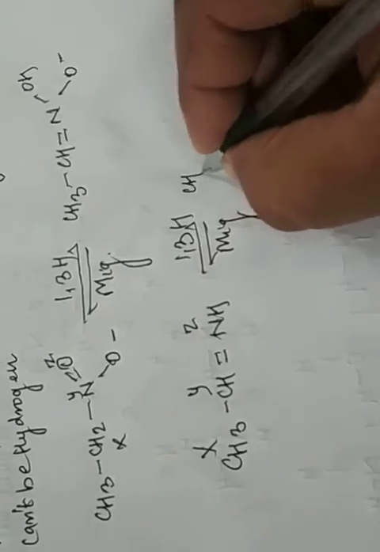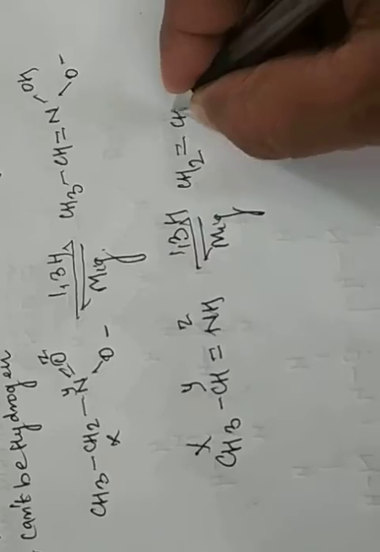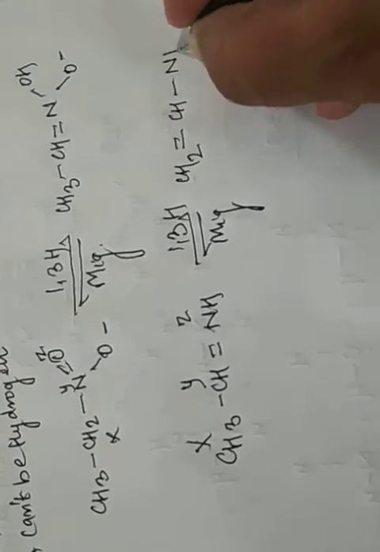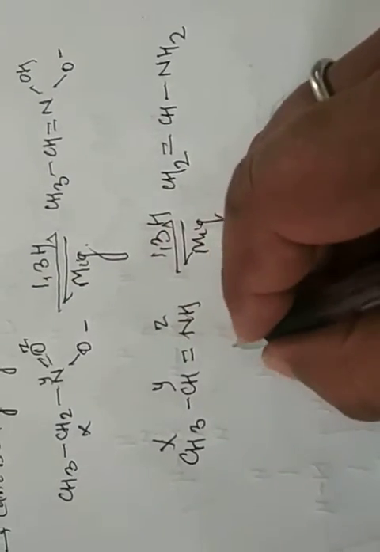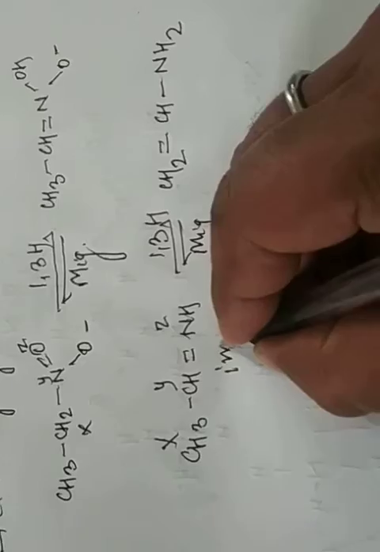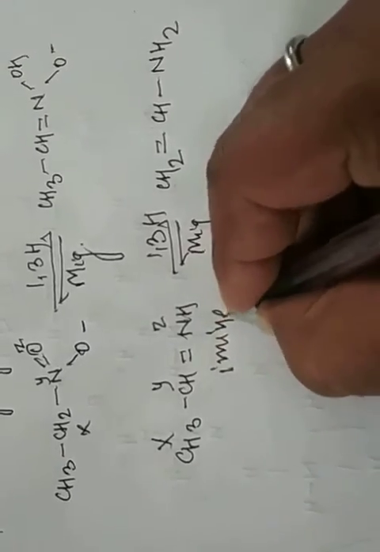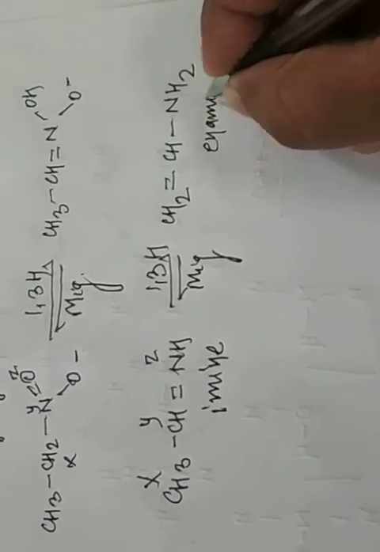So there is a CH2 and the double bond shifts to that side: CH2 double bond CH and single bond NH2. There is what? An imine group, carbon attached with double bond nitrogen, it means this is imine. And there is a double bond and amine group, it means ene and amine, enamine. Clear?